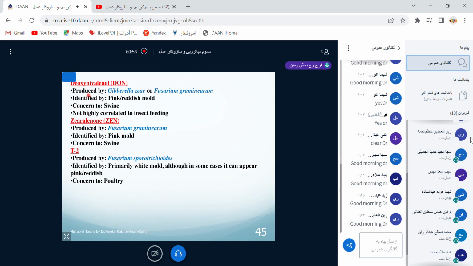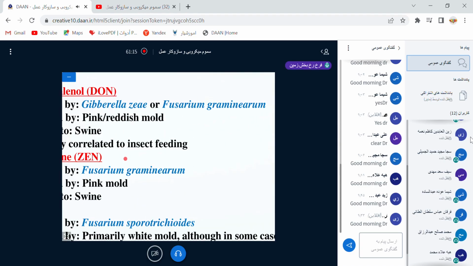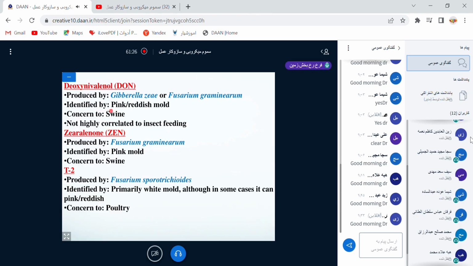Another important toxin is DON, or deoxynivalenol. Produced by what? Produced by Gibberella zeae, or Fusarium graminearum. Identified by pink, reddish mold on the corn.